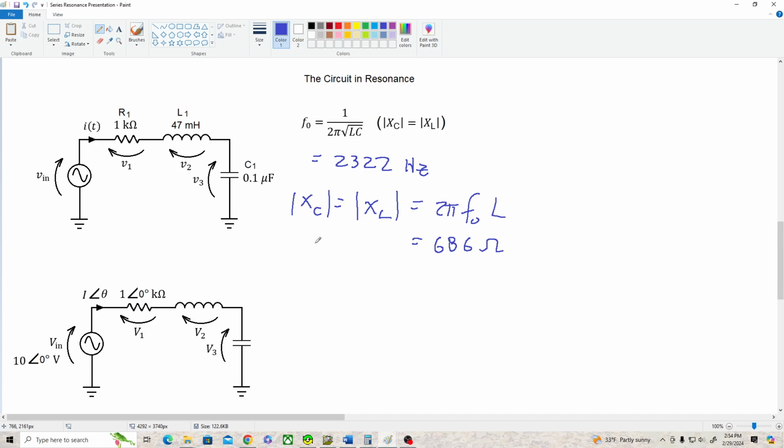And now let's figure out what the current is, okay? So I is equal to V over Z. So that's going to be 10 at 0 degrees volts divided by, well, I'm going to write it out, and we'll see how it all shakes out.